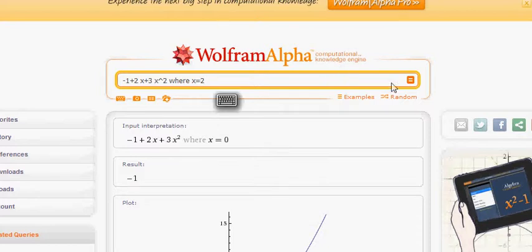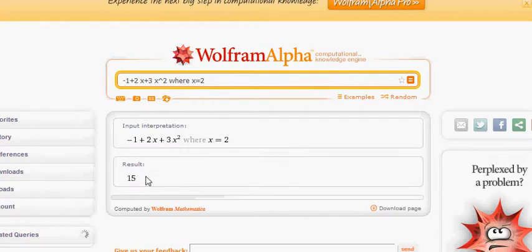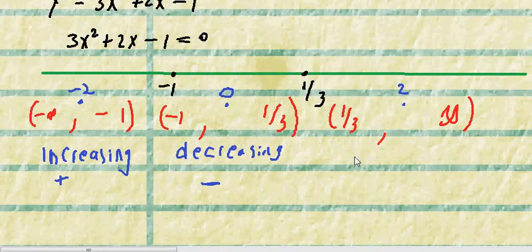I click equal, and this is the derivative of the function evaluated when x is equal to 2. I got the number 15. Because that number is positive, the function is increasing in this interval.